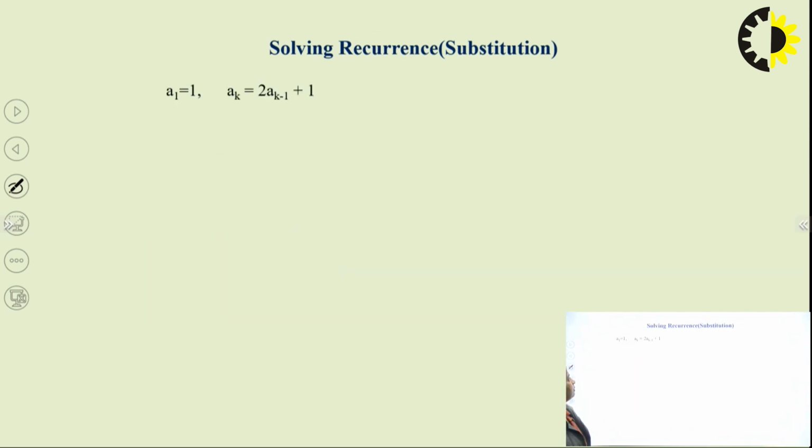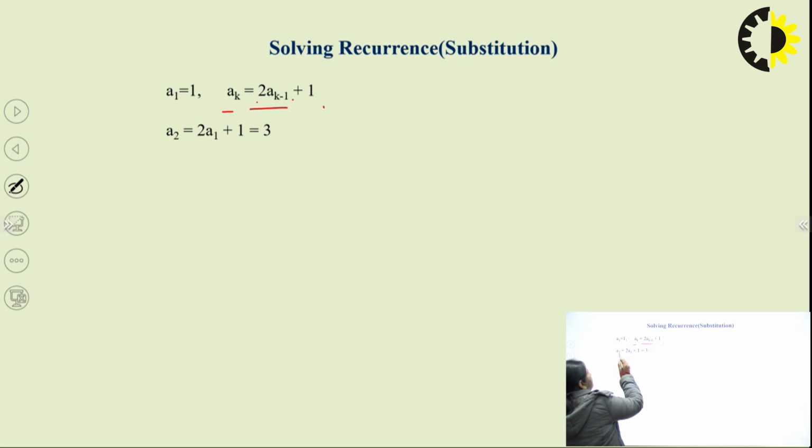Another example: A1 is equal to 1, Ak is equal to 2Ak minus 1 plus 1. So, we are taking another example to understand the concept of substitution. If I substitute for the second value, that is A2, what do I get? A2 is twice the previous term plus 1.